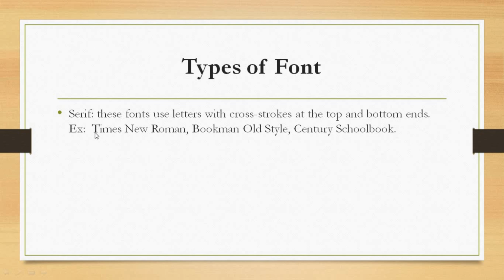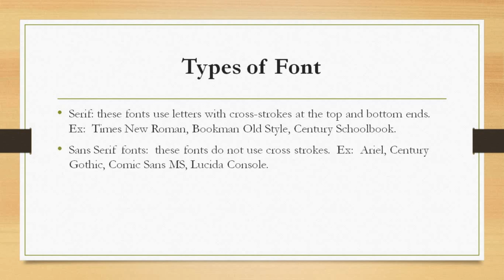These strokes are called serifs. If the font has these strokes, then it is called a serif font. Examples of serif fonts are Times New Roman, Bookman Old Style, Century School Book.